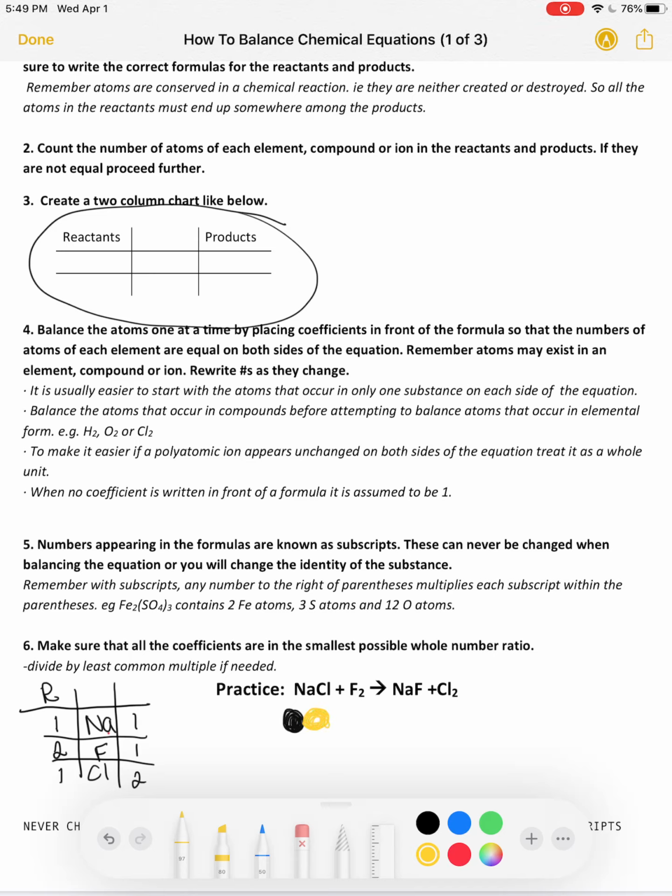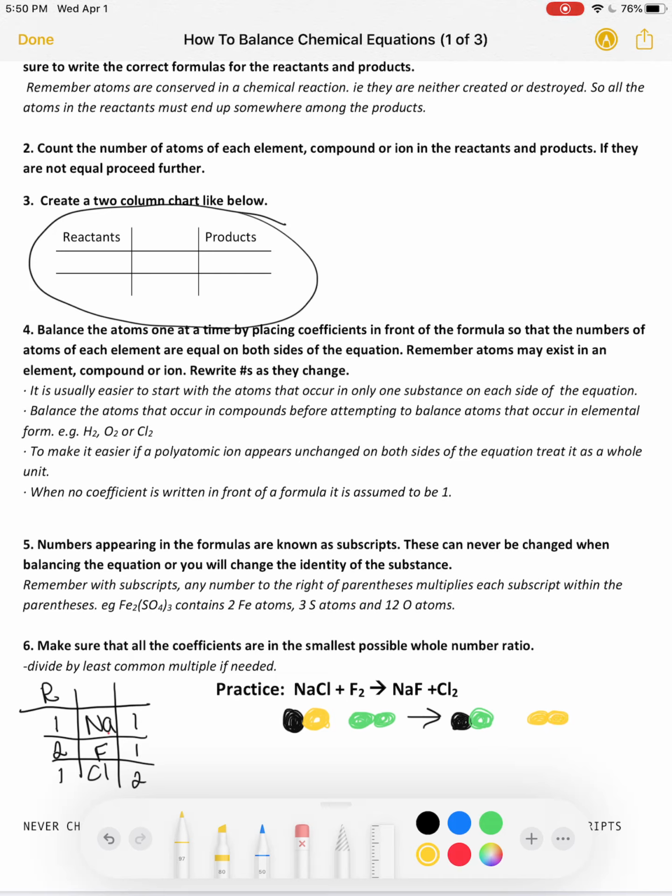Okay, and then we've got F2. F2 is 2 green balls stuck together. Okay, and then what we end up with in the end, so we'll turn this black, we have this with this, and now 2 of these stuck together.